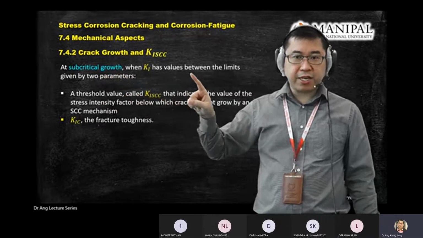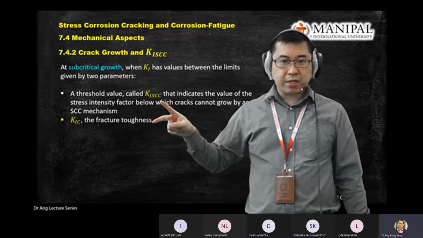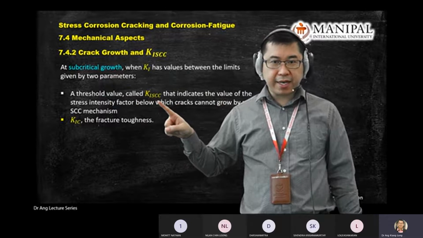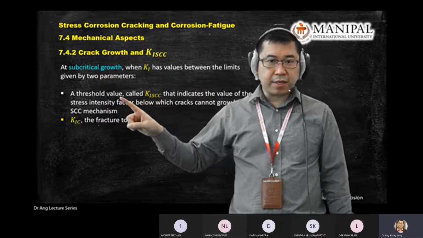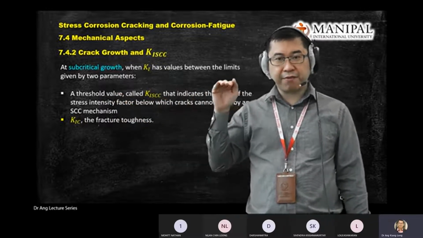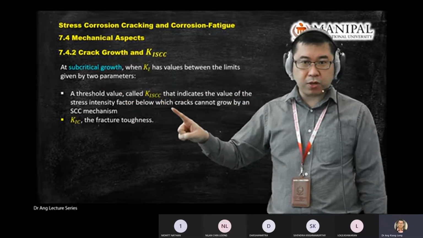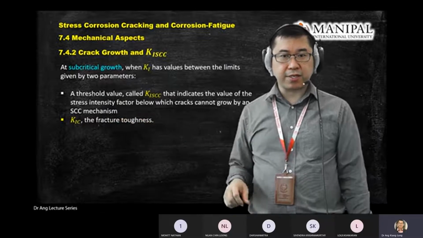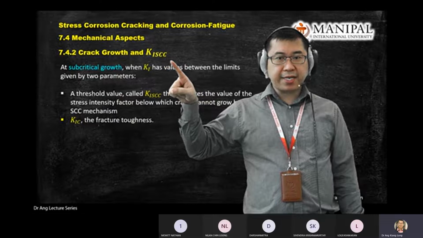KI has a value between the limits given by two parameters. One, you look at K sub I SCC. We call it a threshold, the check value that indicates the stress intensity factor below which a crack cannot grow by the SCC mechanism.